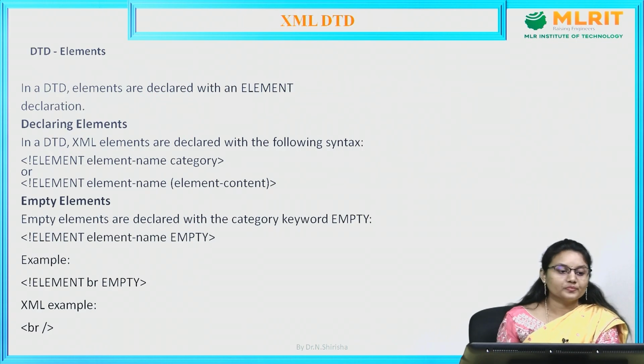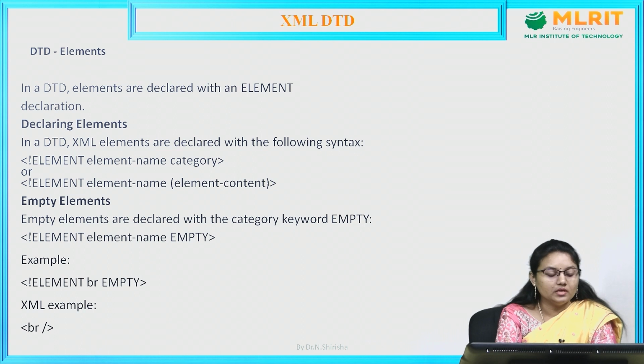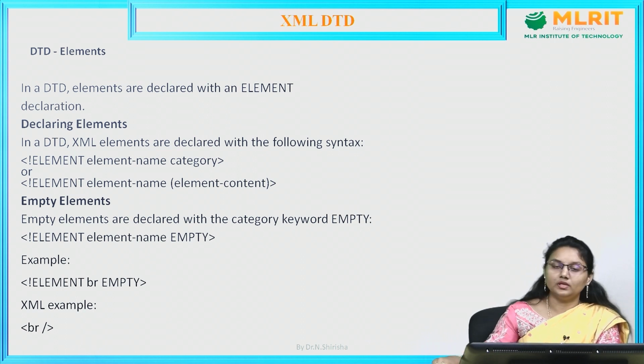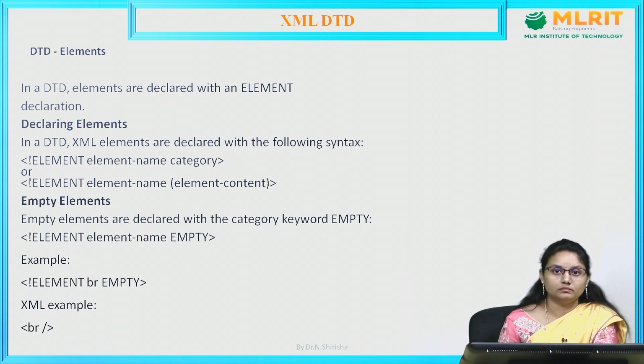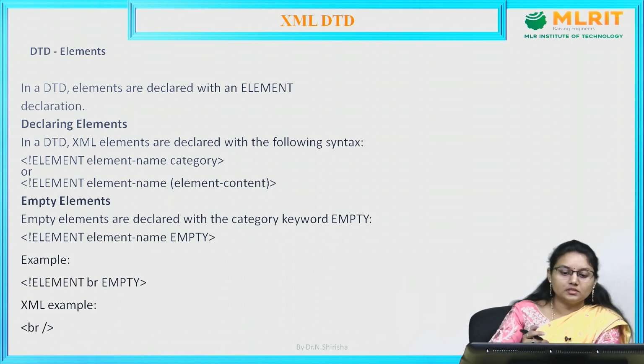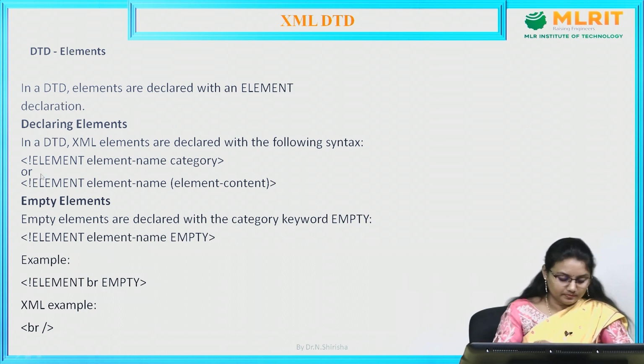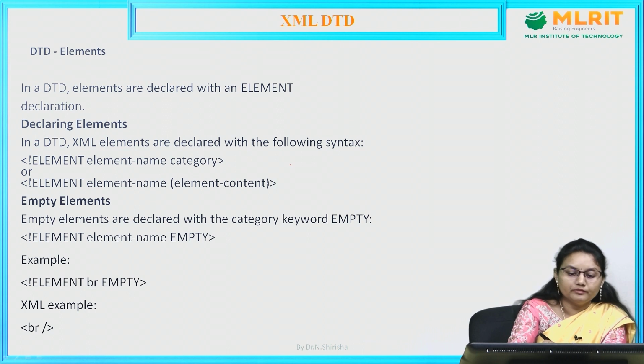DTD elements are nothing but the tags that you are going to give. Note, to, from, body, all these are the tags. Declaring elements, these are defined using the exclamation mark, the element name and the category.